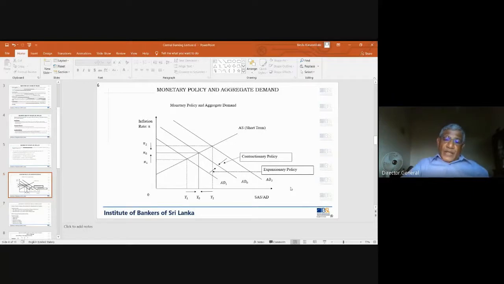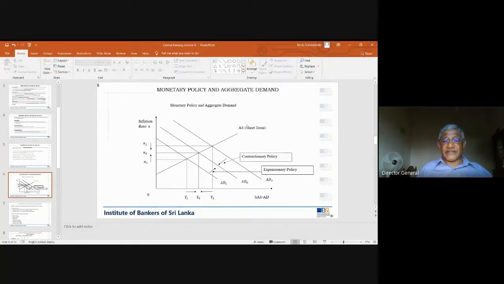Okay. Here, what are we seeing? There can be many inflation rates on the vertical axis. There can be many output levels, or aggregate supply and aggregate demand levels, on the horizontal axis. And this is the short-term aggregate supply curve. The short-term aggregate supply curve shows the relationship between the inflation rate and the aggregate supply.